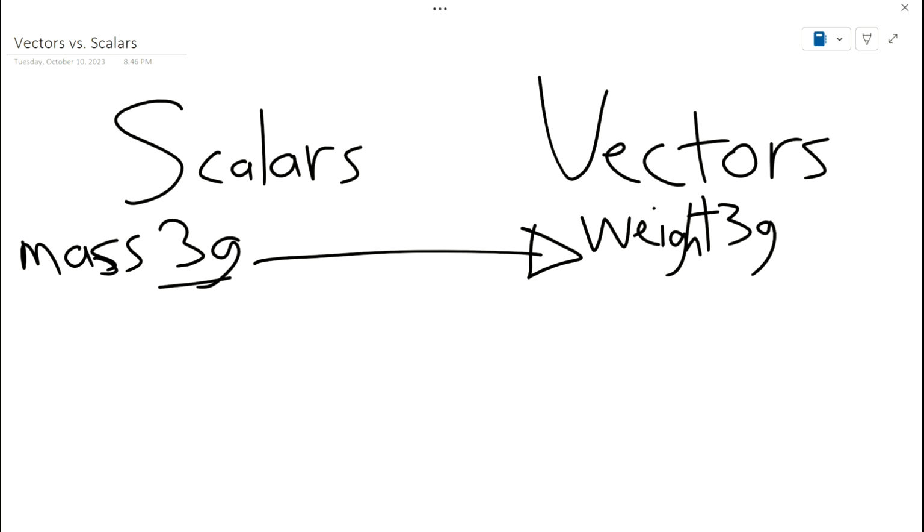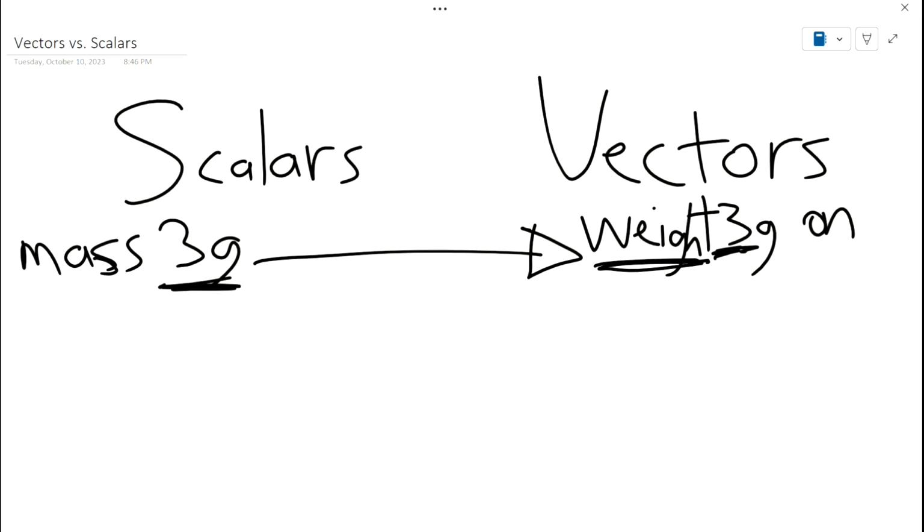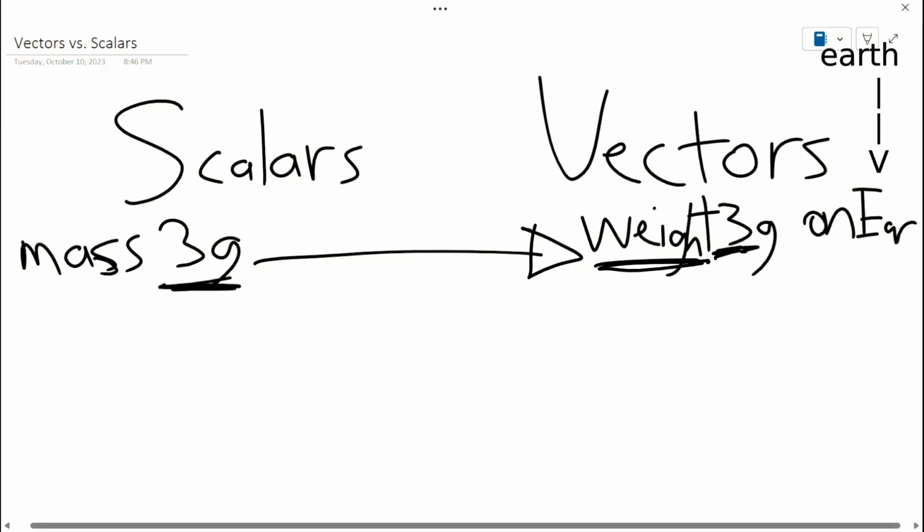For example, mass is always 3 grams, but the weight depends on what planet you're on. So on Earth it may be 3 pounds, but on Mars it may be 1 pound, or on the moon it may be half a pound. Sorry, grams. But this is why the vector is the magnitude accompanied by its frame of reference. I'm just going to write EAR.